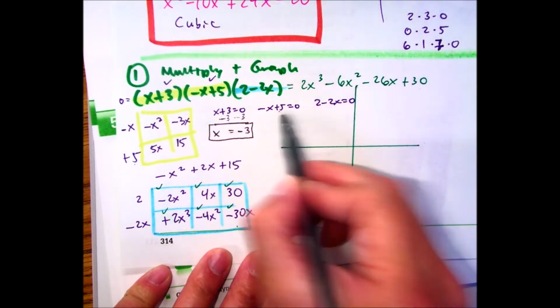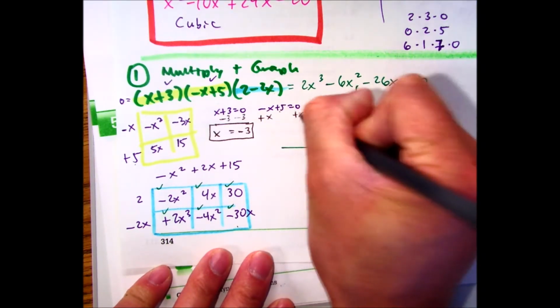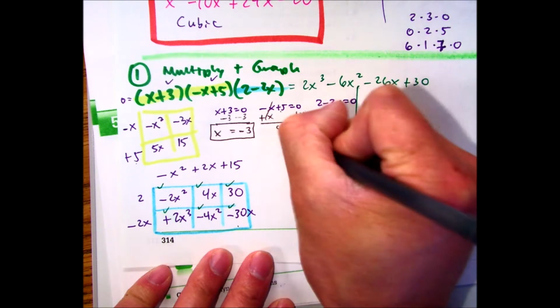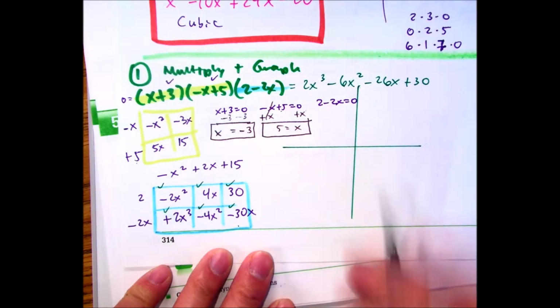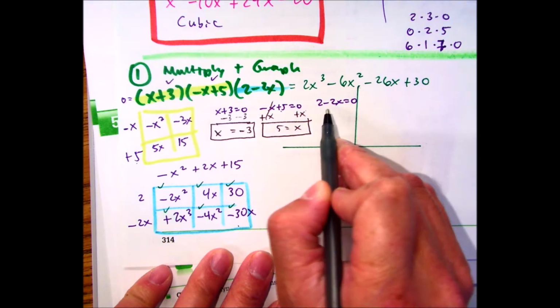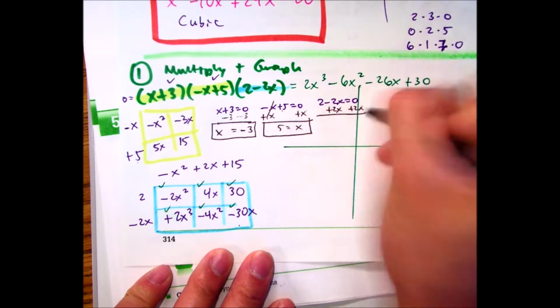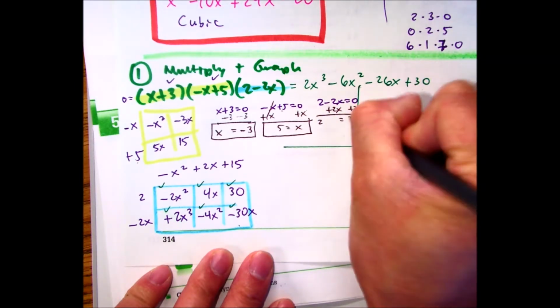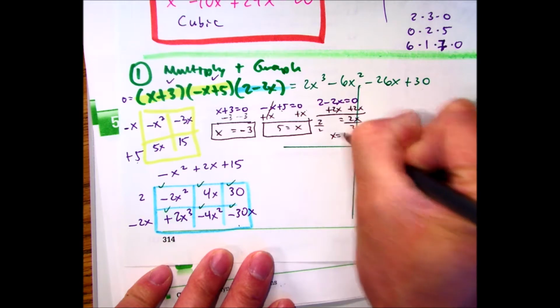This one you could subtract 5 and then divide it by -1, or I can be smart about it. Just add x to both sides. 5 is equal to x, or x equals 5. This one, same thing. I just want to get x by itself, so I'll add 2x. I have 2 is equal to 2x. Divided by 2, x is equal to 1.